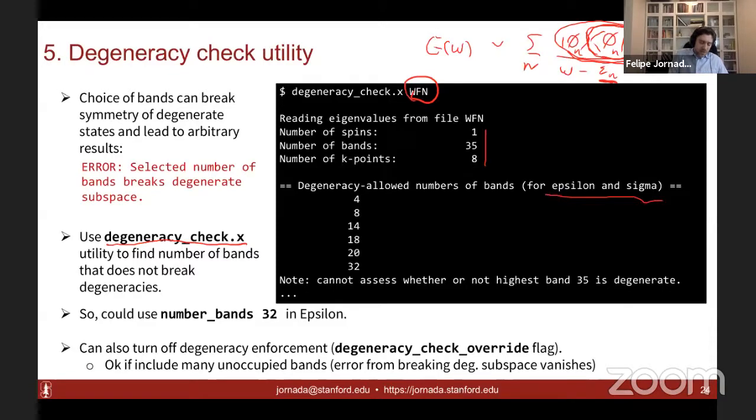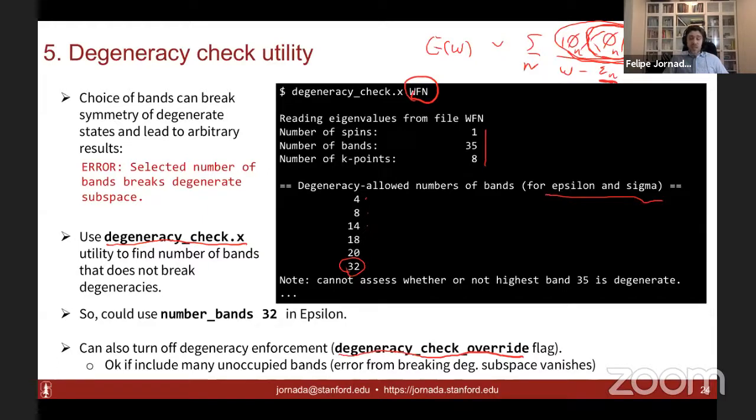So for instance, you can use 4, 8, 14, up to 32 bands. In this example, even though you may have more bands in your calculation, you are technically only allowed to use 32 bands without slicing any degenerate space. You can also use a flag called degeneracy check override to turn off this enforcement.